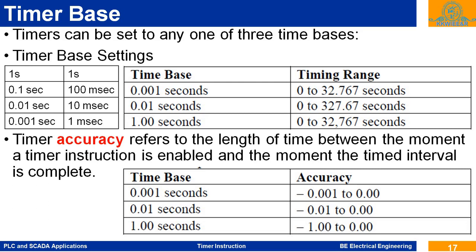As an example, a 1 second timer will maintain accuracy with a program scan of 1.5 seconds or less. Okay. So this is the accuracy based on the time base.